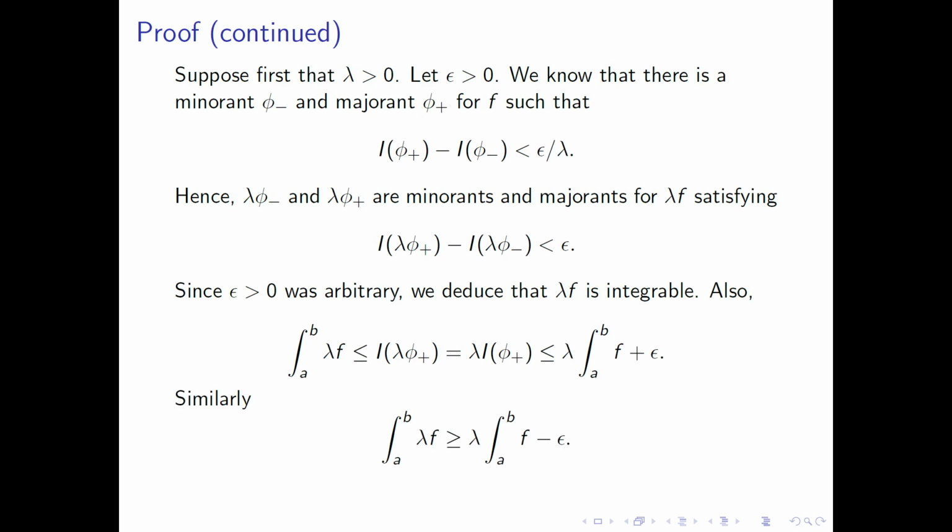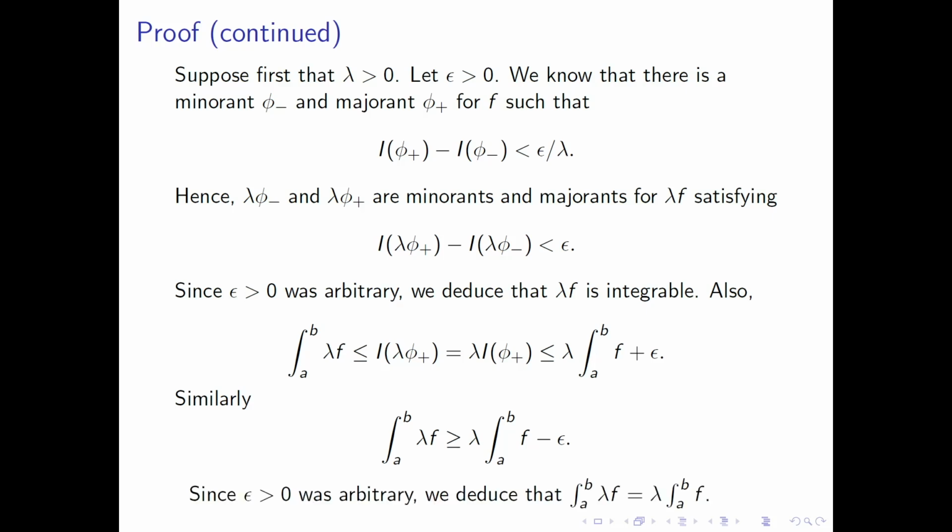Similarly for minorants, and therefore the integral of lambda times f differs from lambda times the integral of f by at most epsilon. That has to be true for every epsilon, and therefore the integral of lambda times f has to be exactly lambda times the integral of f. So we've done the case where lambda is strictly positive.